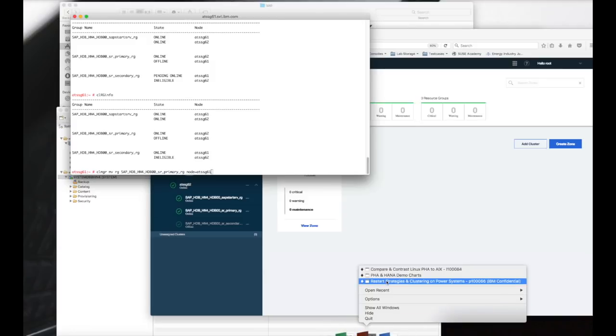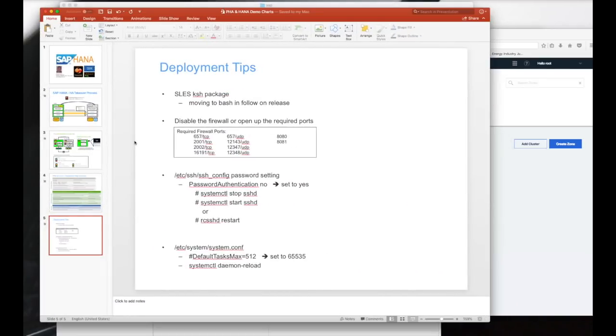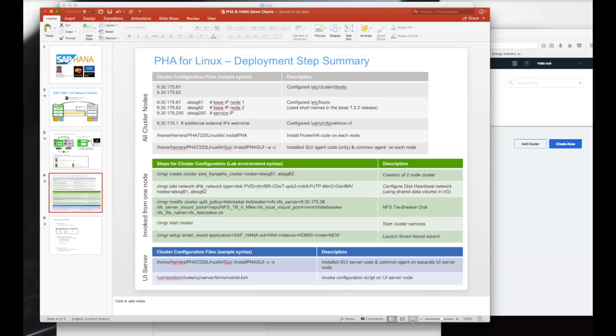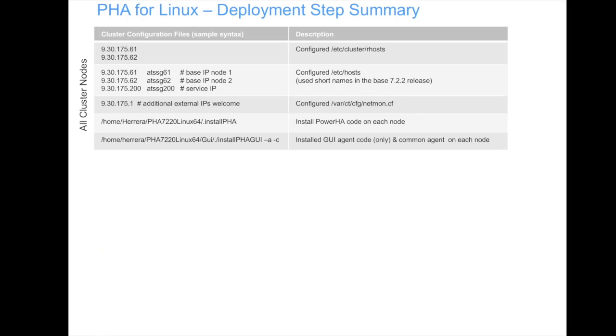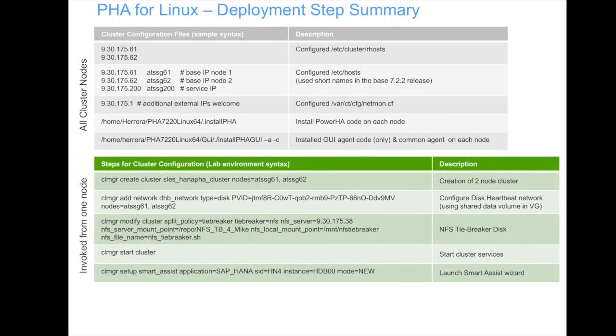So if I finally flip back and just show you the summary of what we did, I showed you the configuration files on node 1 and node 2. So the etc cluster rhosts, the etc hosts file, the netmon.cf. I showed you the installation of the base code and then the agent and common file sets on both of the cluster members.